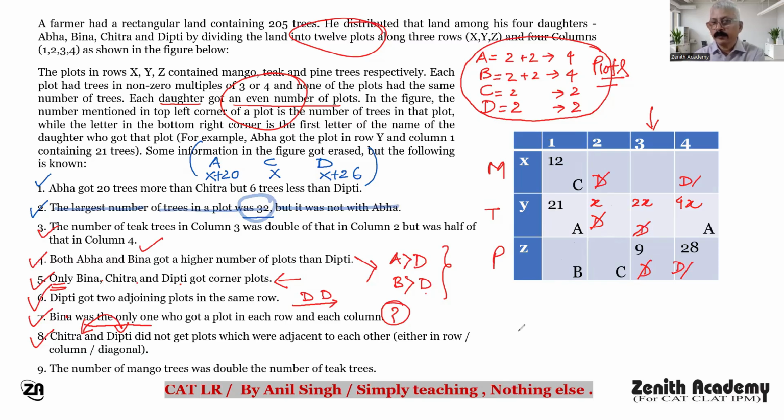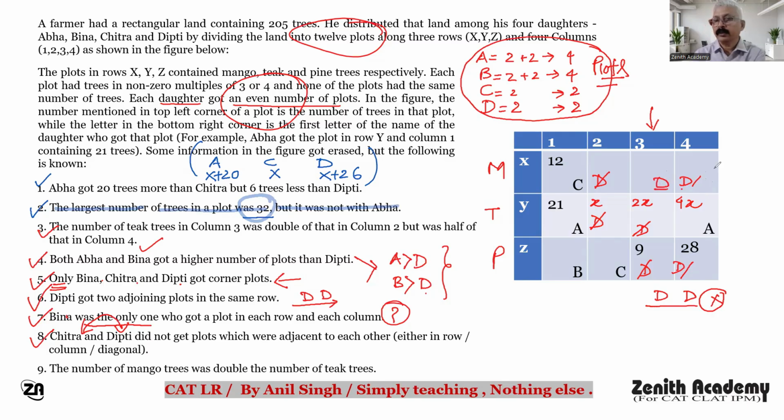And one more point. It was given that Deepti got two adjoining plots in the same row. So if Deepti is not present in this row, the possibility here is no. So now only this possibility remains.